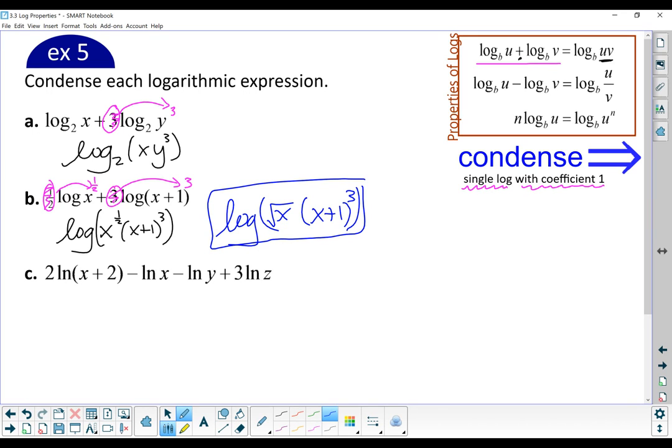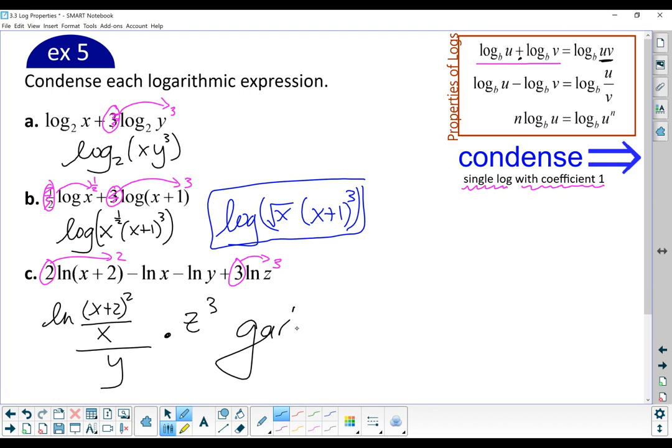Okay, so this last one. Sometimes people start, well, let's see, powers up. Sometimes people start a string of logs like this and they're like, okay, I've got the natural log of x plus 2 squared, and it's minus log x, so I'll put an x on the bottom, and minus log y, so I'll put that over y, and plus 3 log z to the 3rd, so here's a z to the 3rd, and it starts to look really garbagey.